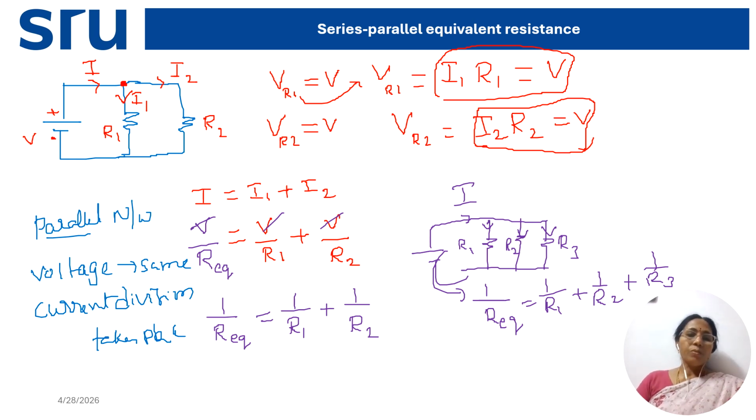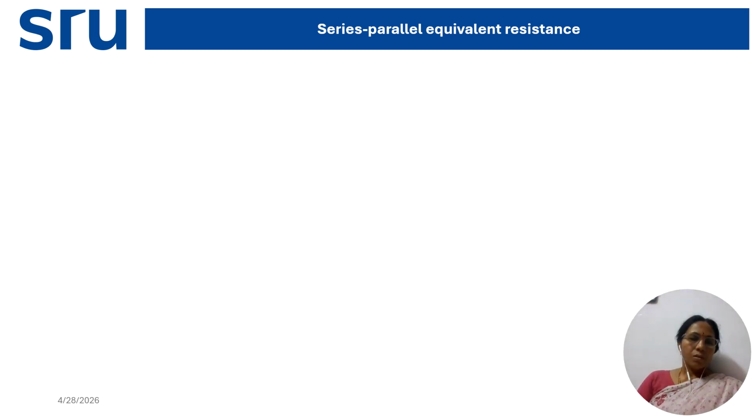Clear? Now, we will see if any network contains series and parallel, how to find out its equivalent resistance. Here I am taking an example circuit. I am taking one network with series and parallel elements. Two elements are connected in series and I am connecting other two elements in parallel.